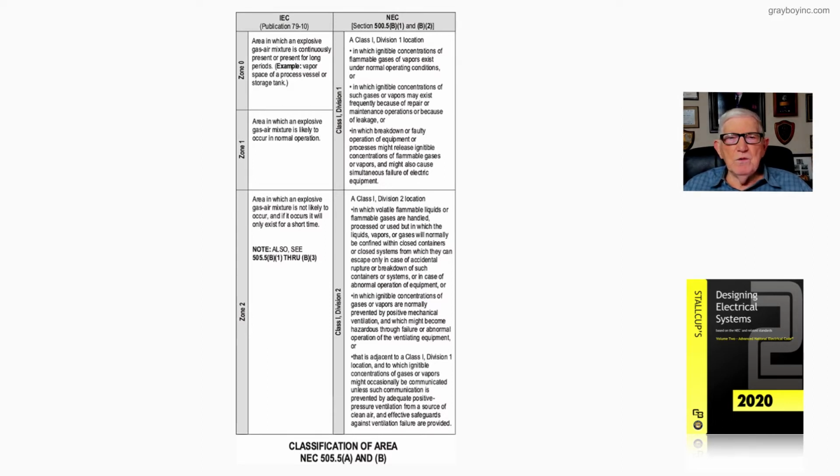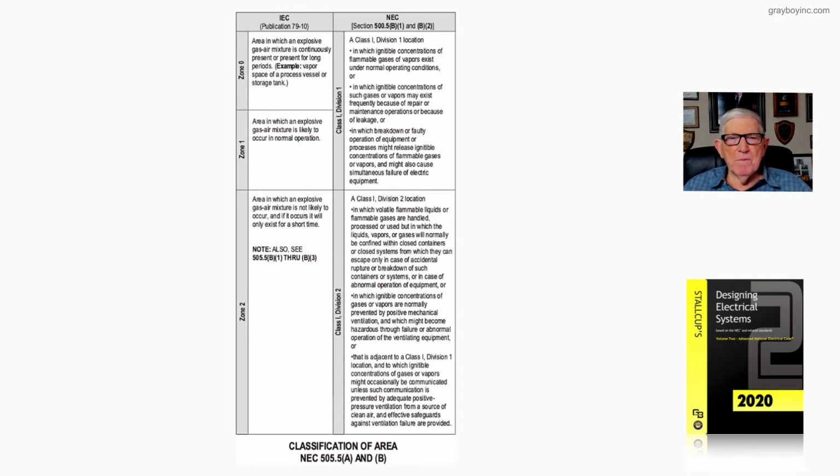And then two, if they're repairing or doing a maintenance type operation in accordance with, say, an electrical PM manual or NFPA 70B, for example, and there's a leakage that could leak enough that a gas and air mixture could mix together in an explosive range.